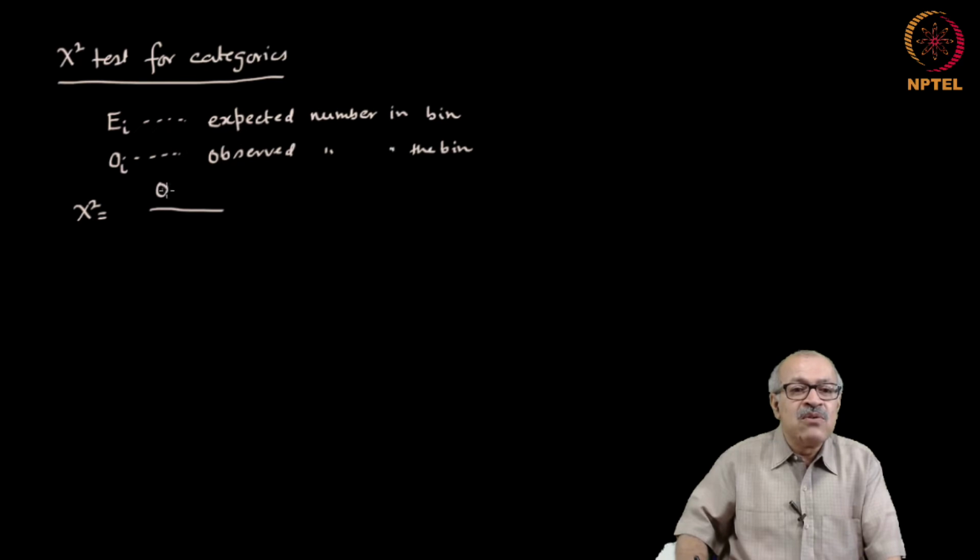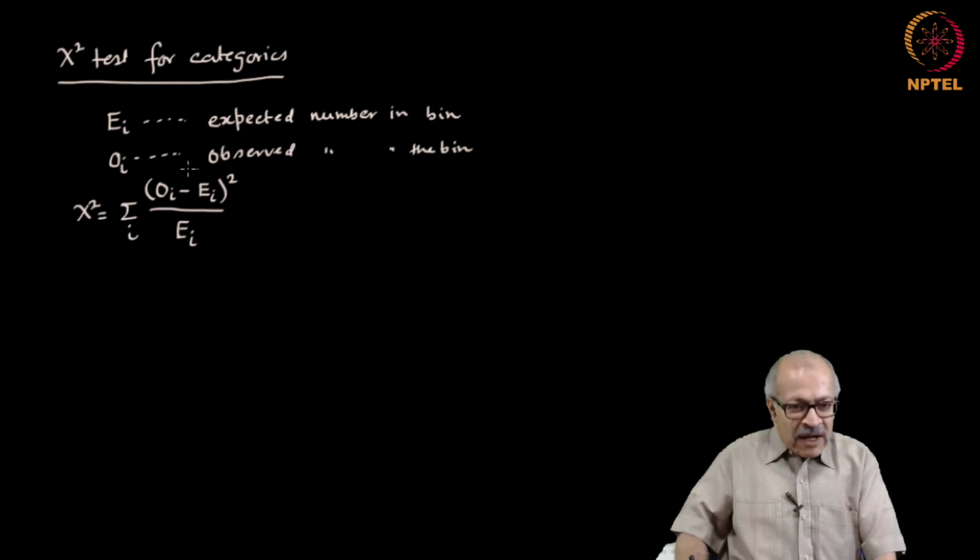So, it is (O_i minus E_i) squared, and you need to normalize it by E_i, otherwise you will not get the proper sense of how big is the error compared to the expected value. That is why you need to normalize it, and it is summed over i.